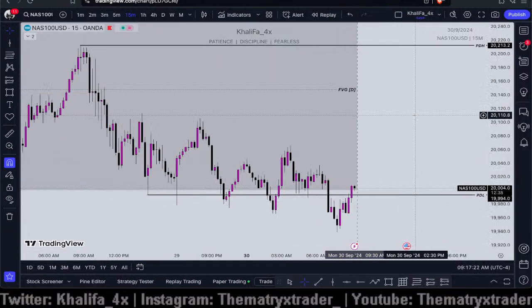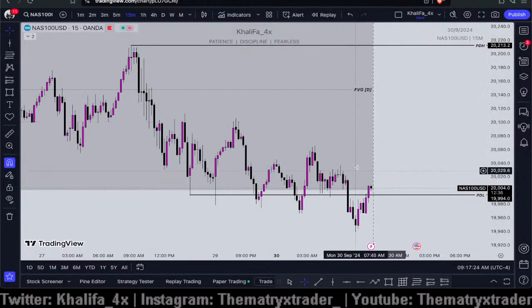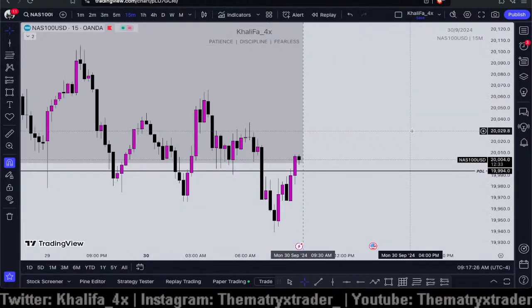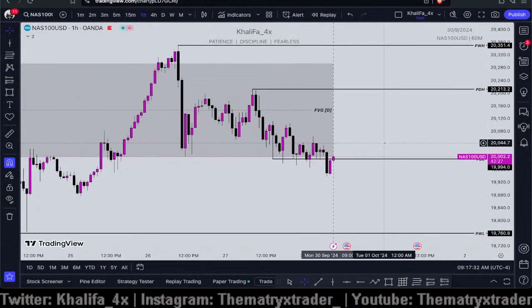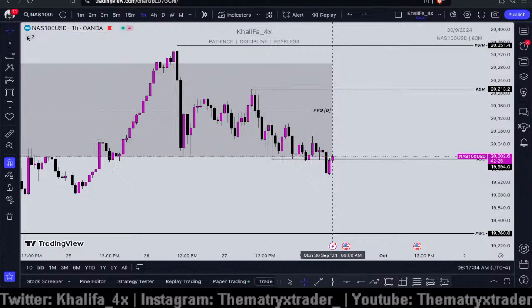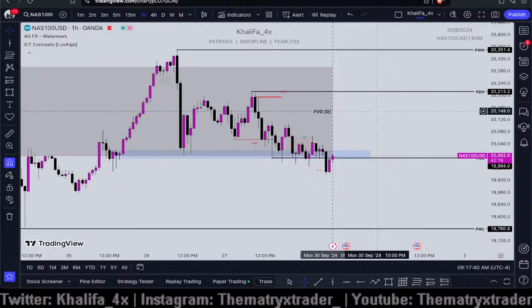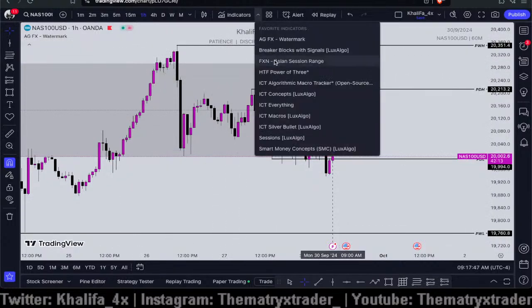Let's lock this up, and let's see what this indicator has to show us.